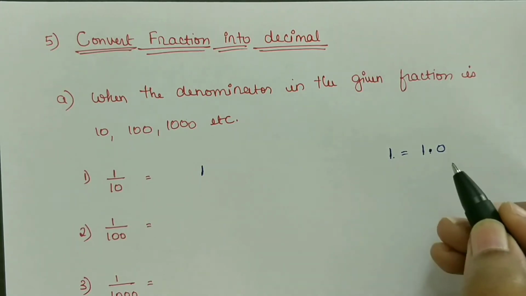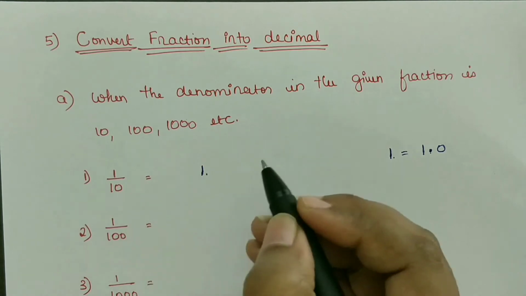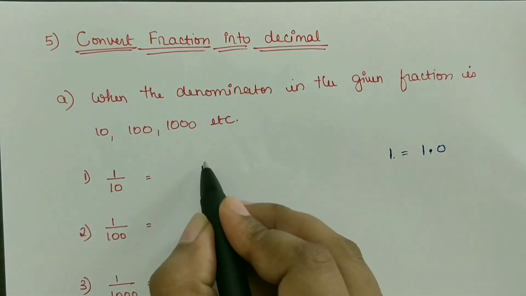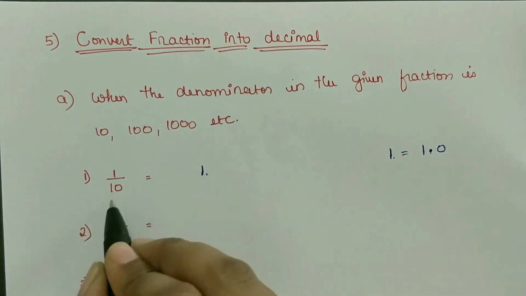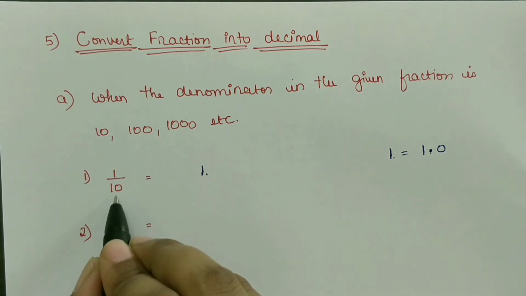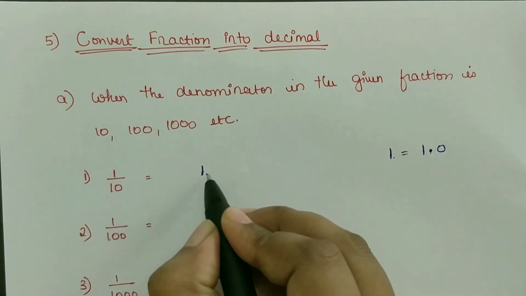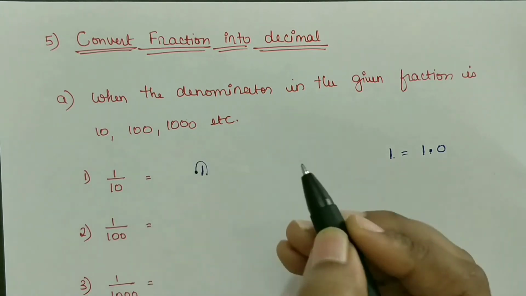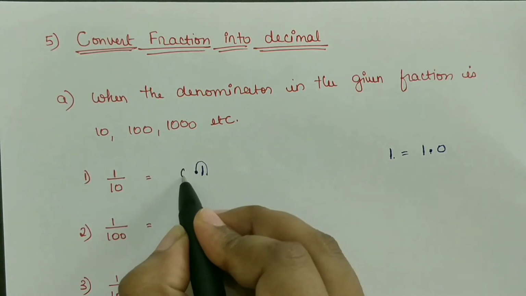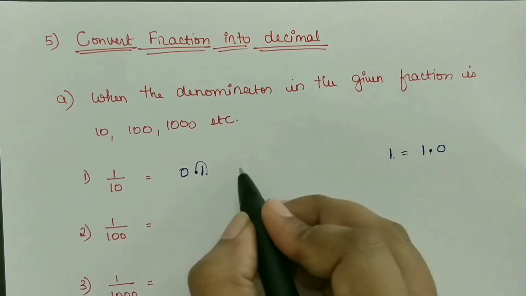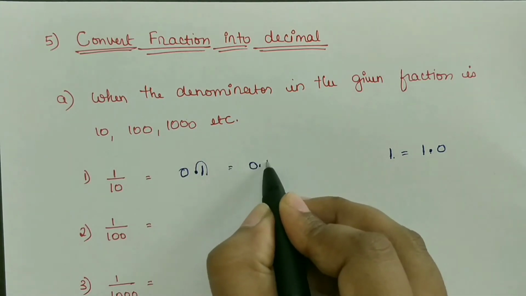So it is here. Now shift this decimal point to the left based on the number of zeros in the denominator. So 10, shift it to here, and place 0 in the whole part, equal to 0.1.